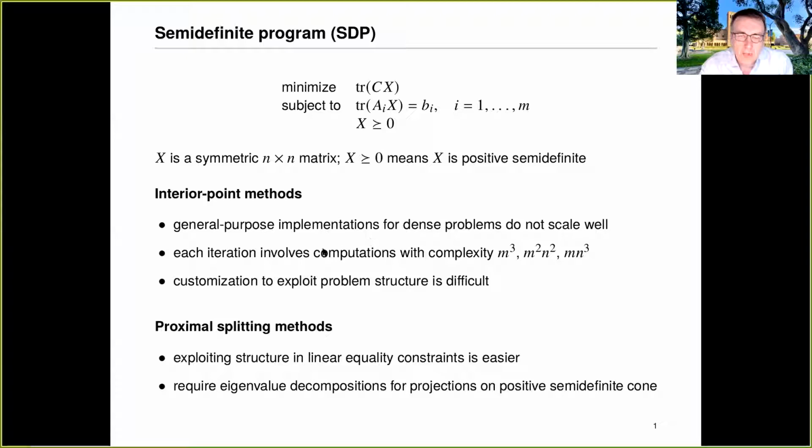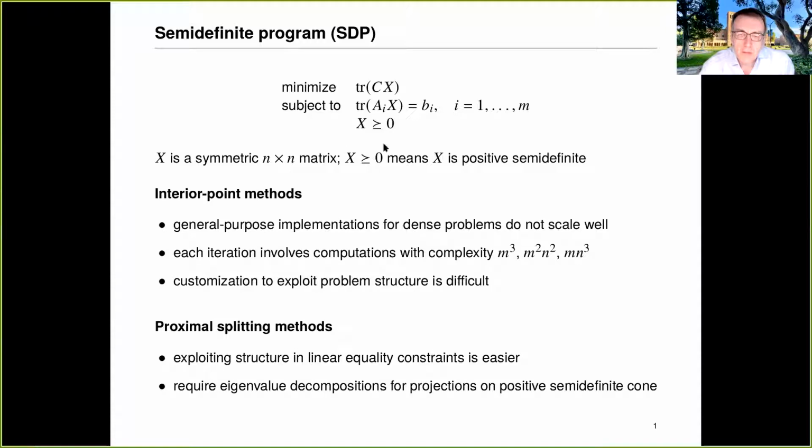But if you look at the cost per iteration, then it involves computations with a complexity of m cubed, m squared n squared, m n cubed. So if m is of the same order as n, it would be n to the fourth. If m is order n squared, which is possible because you can have order n squared linearly independent equations in a matrix variable of size n, that would be n to the sixth complexity.